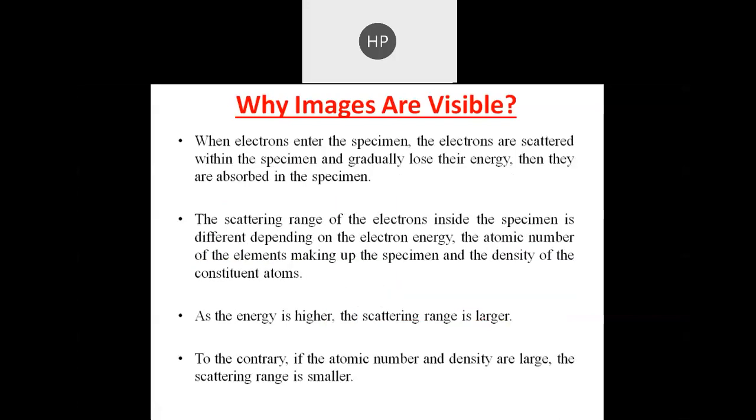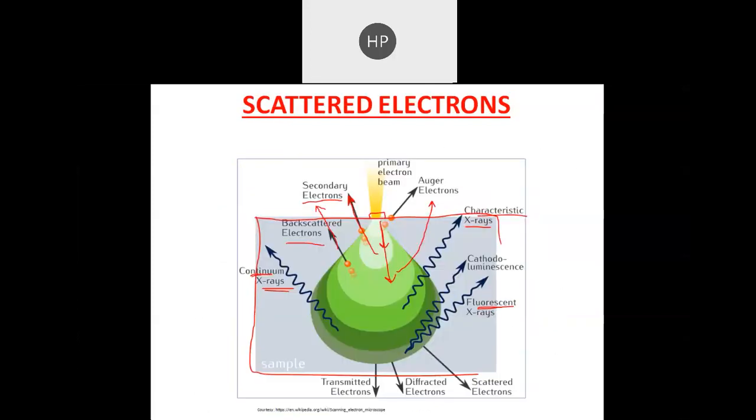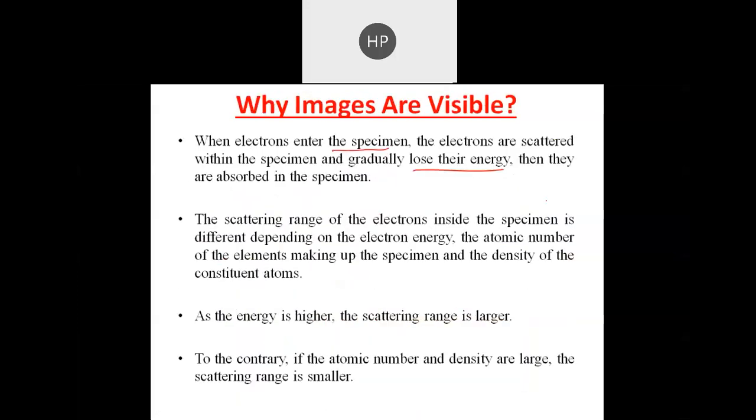When the electrons enter the specimen, they are scattered within the specimen and gradually lose their energy. As we showed in this diagram, as they enter the specimen they lose their energy and are then absorbed into the specimen.